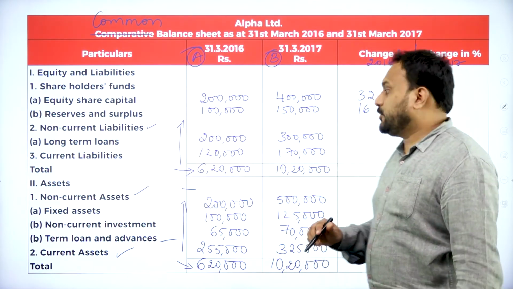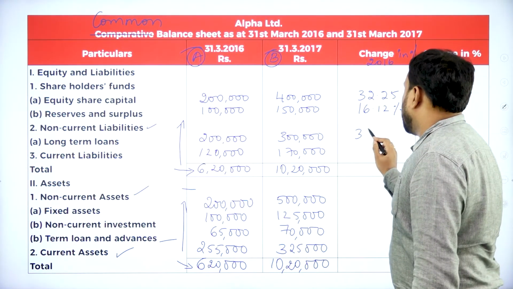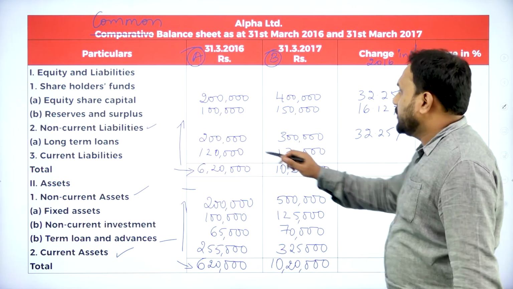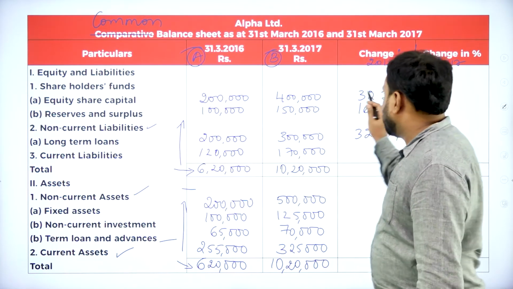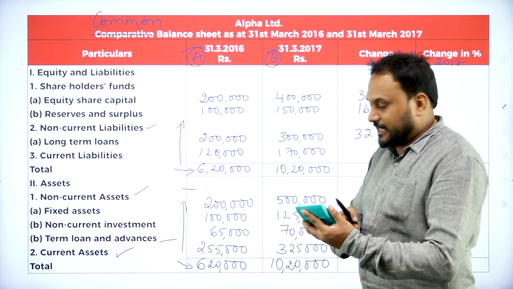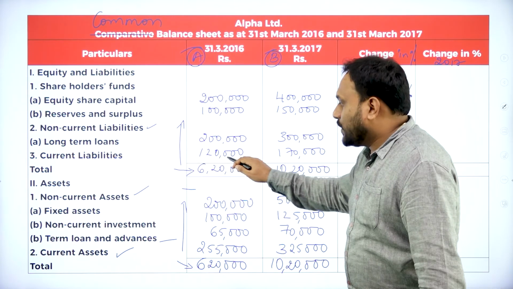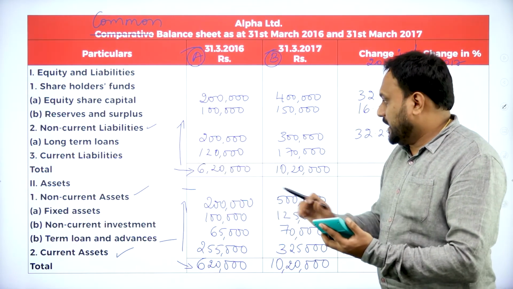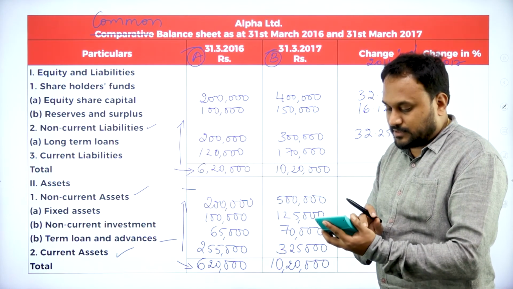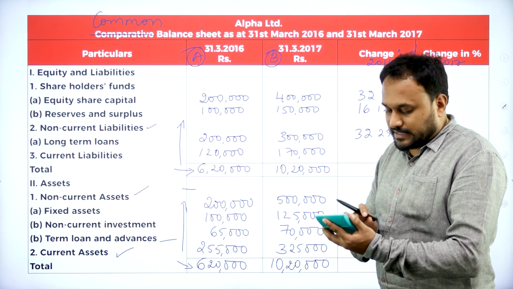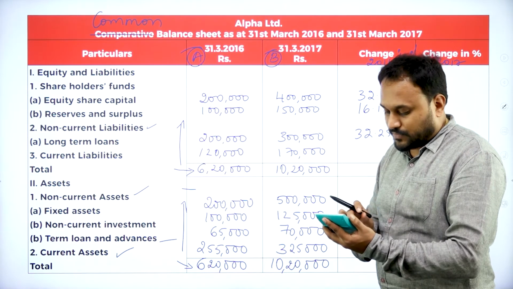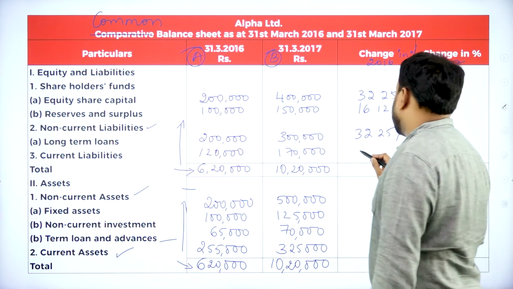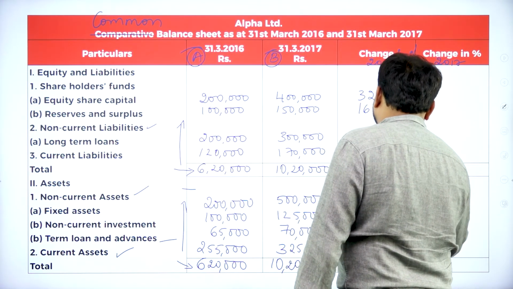So 32.25%. See, here also 2 lakh divided by the same thing, 32.25. Done. Next, 1,20,000 divided by 6,20,000 into 100. Now we got 19.35, so we write here 19.35%.